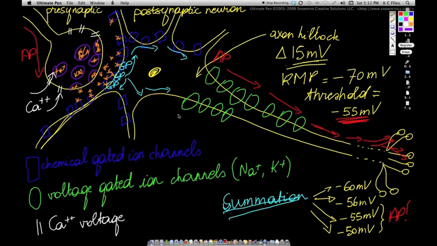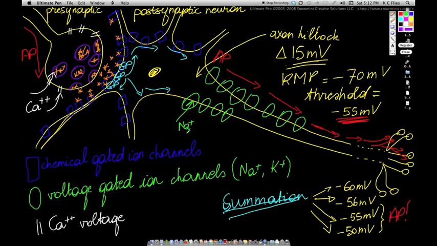And as you know by now, sodium will rush in, because the concentration of sodium on the outside of cells is greater compared to the inside. And we see that depolarization has begun, and we have, in other words, fired an action potential.